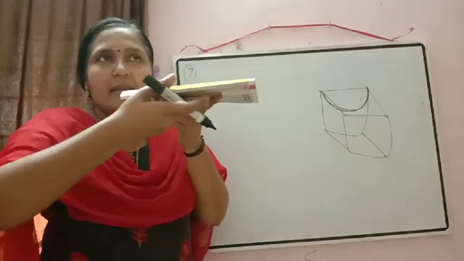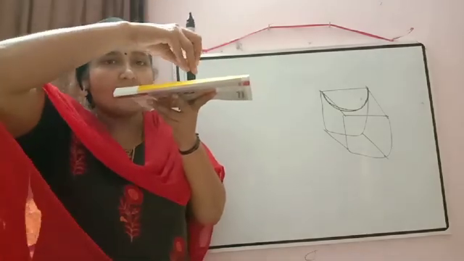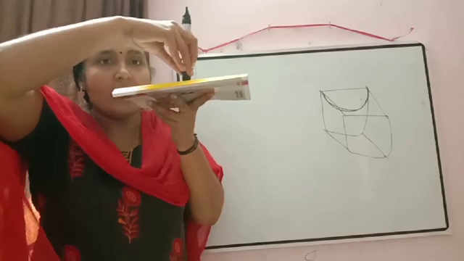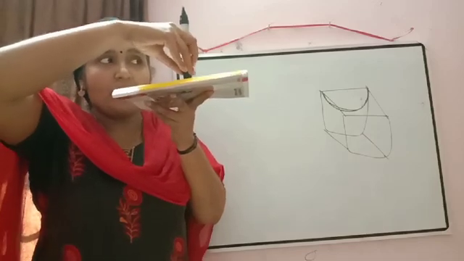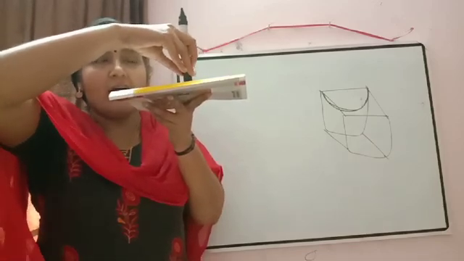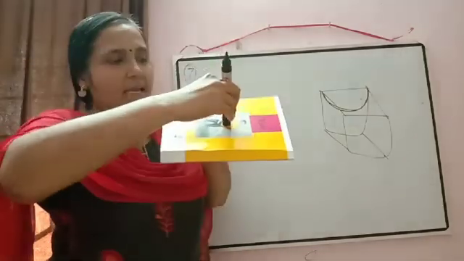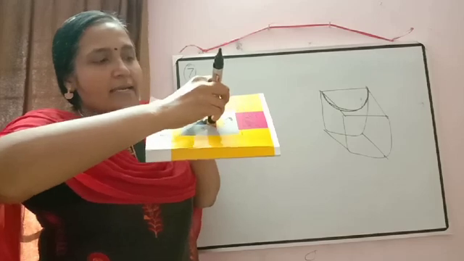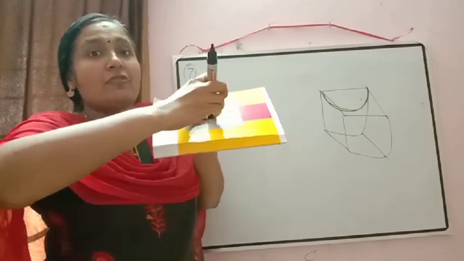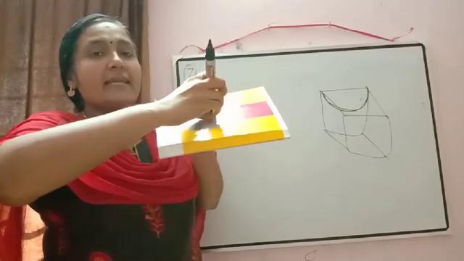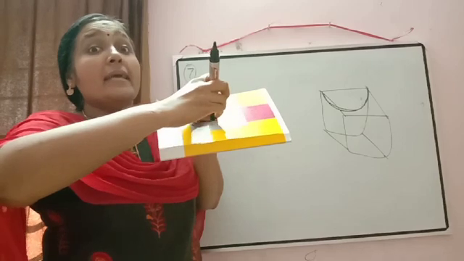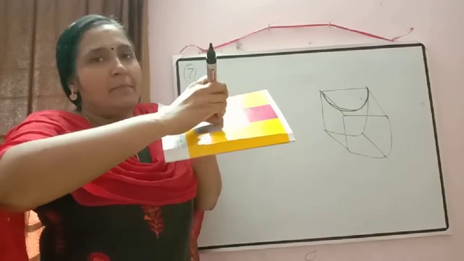Total surface area of the cube plus the hole, which is in the form of a hemisphere. So plus the curved surface area of the hemisphere. But when I calculated the total surface area of the cube, I calculated this area also, which I don't have to paint. And what is that area? Yes, the base area of the hemisphere.